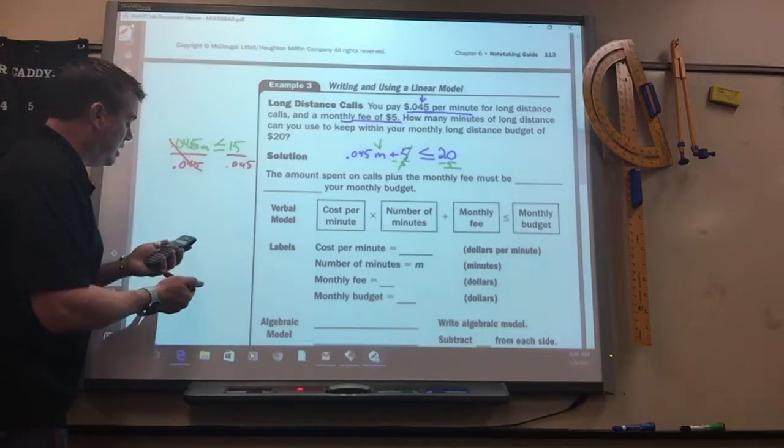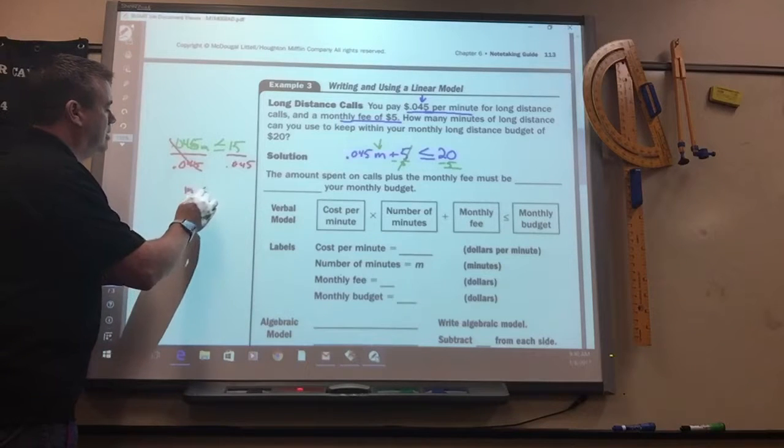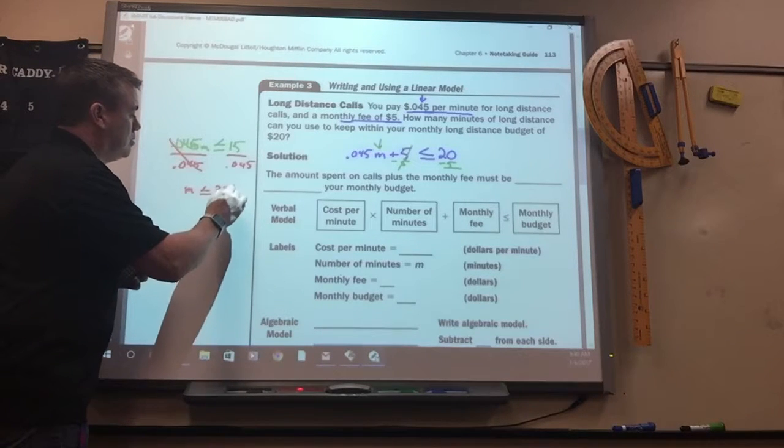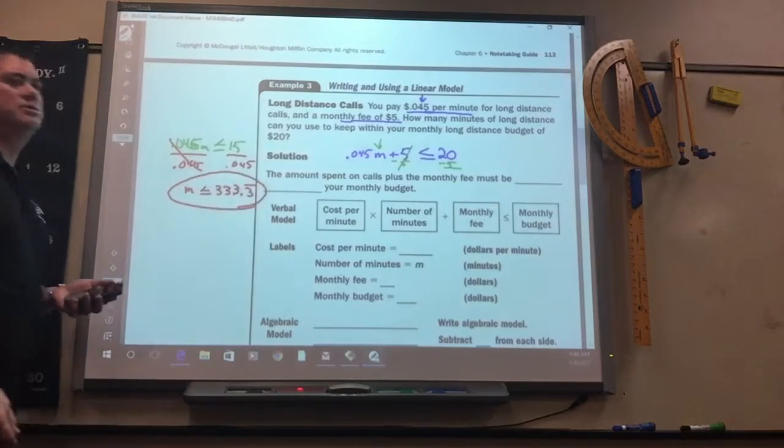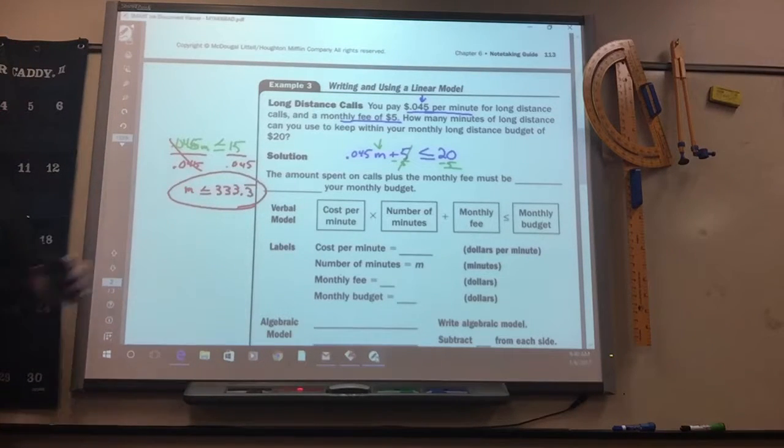And you get 333, oops, 333.3 repeating minutes, which is 333 and a third, but you can just write it like that.